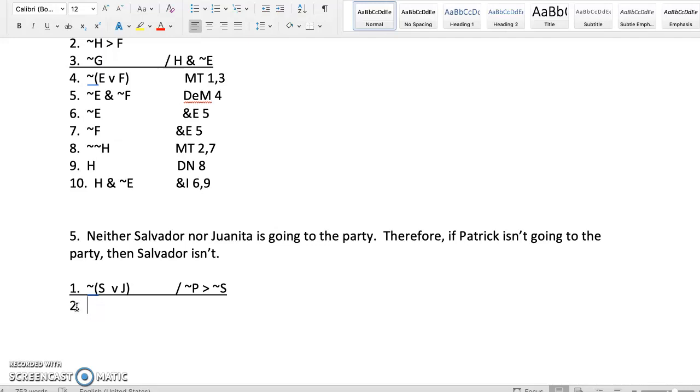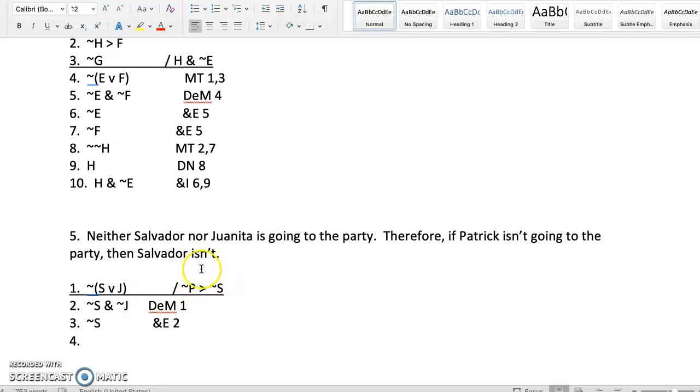There's really only one thing we can do given this premise as it stands. We can do the De Morgan's rule to get not S and not J. De Morgan's 1. So again, De Morgan pushes the negation in onto both sentences and changes the disjunction to a conjunction. Okay, so now we can get not S by itself by conjunction elimination of 2.